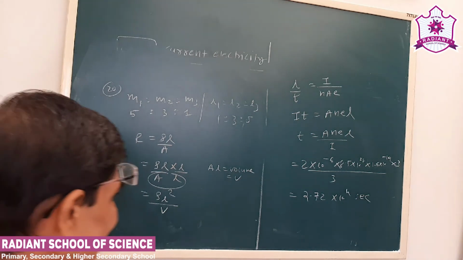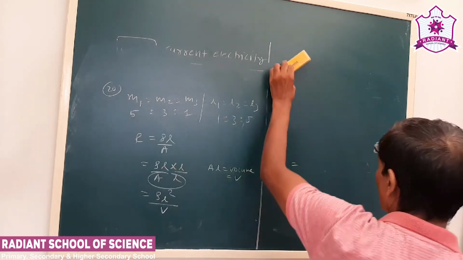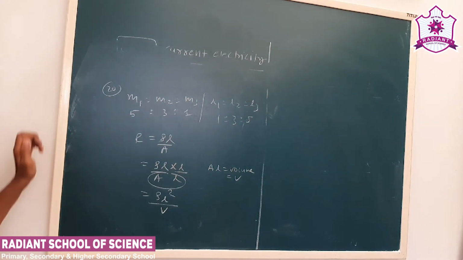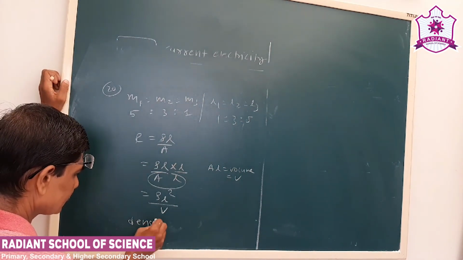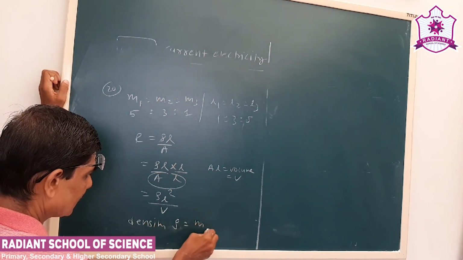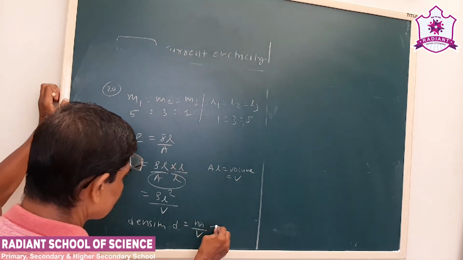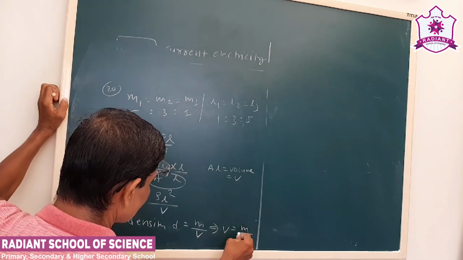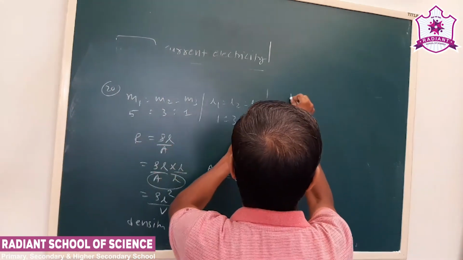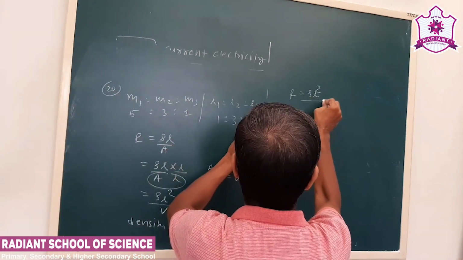Now we are familiar with the equation density is mass upon volume, density we can say D. So volume is mass upon density. So R is equal to rho L square upon.